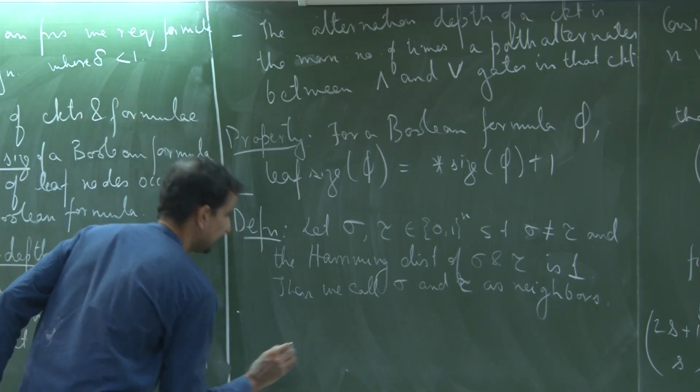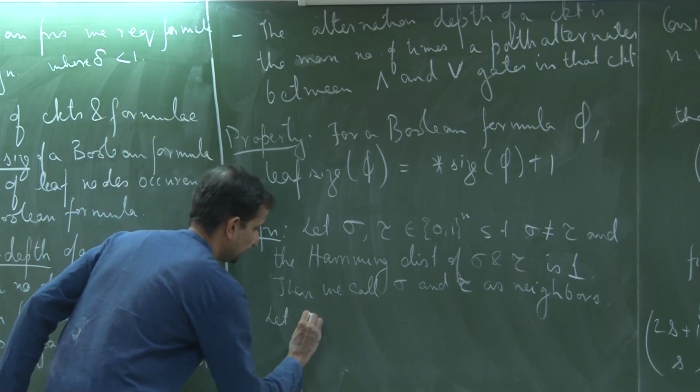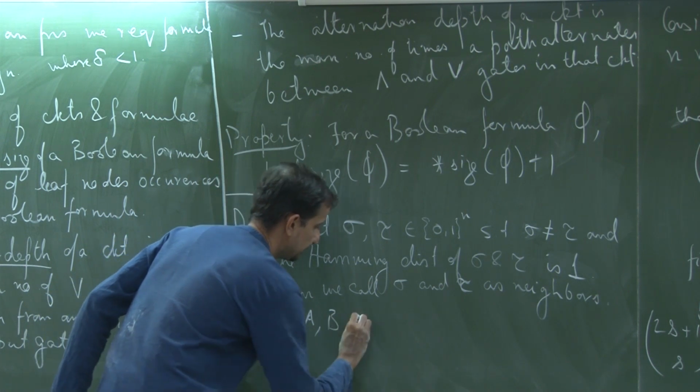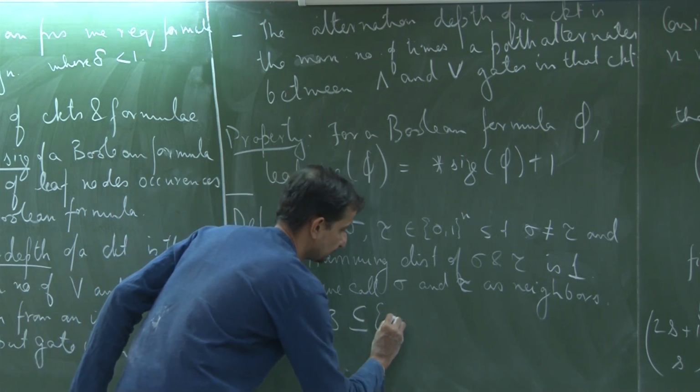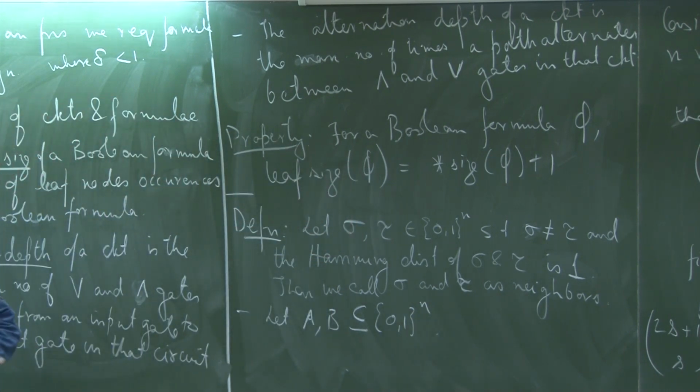Now let us take two sets. Let A and B be two subsets of {0,1}^n.